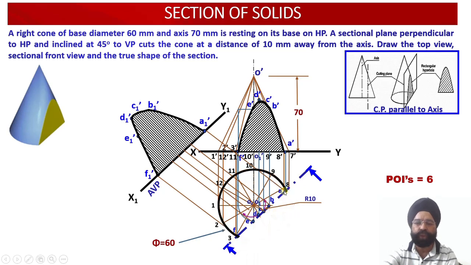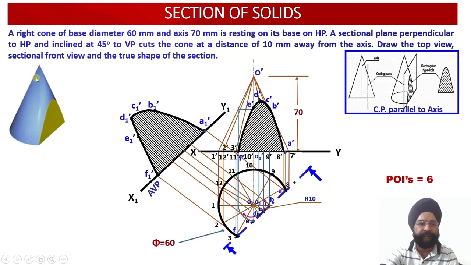Now we are going to show the top view of this cone as it is visible to us after the cutting has been completed. So this is the remaining portion of the cone which is visible to us in the top view.